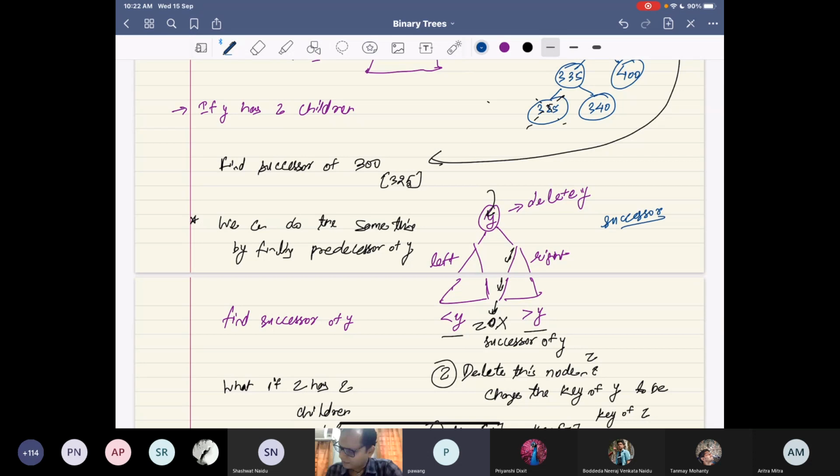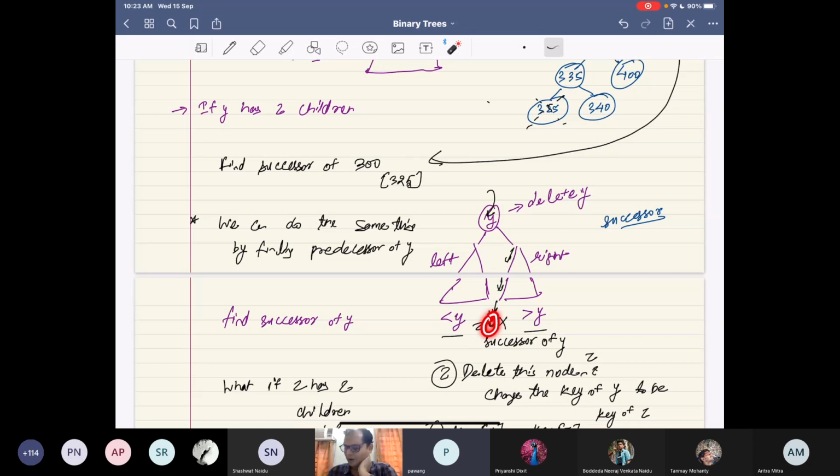So if I find y's successor, it will be in the right subtree, because in the right subtree I can just keep on going left, and I get that node. And the right subtree exists, that's why I am in this case of a node having two children. So I keep on going down, finding the minimum here, and that node becomes the successor of y.